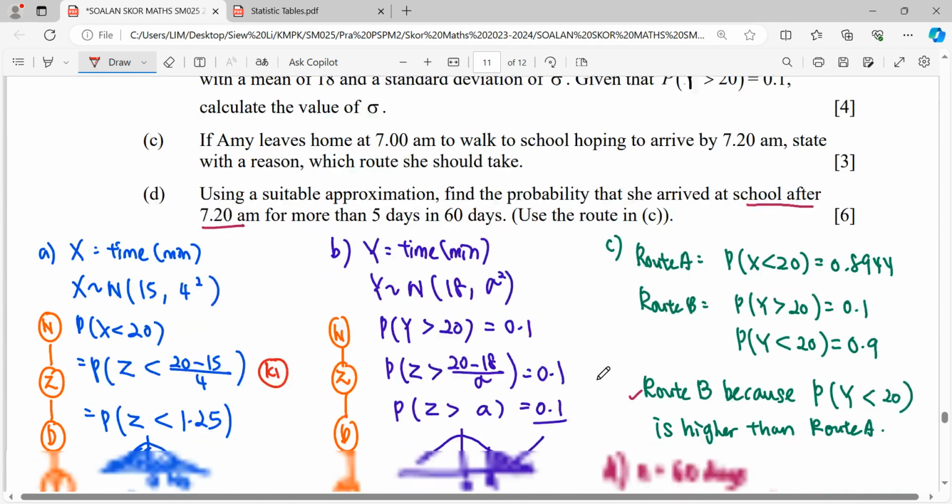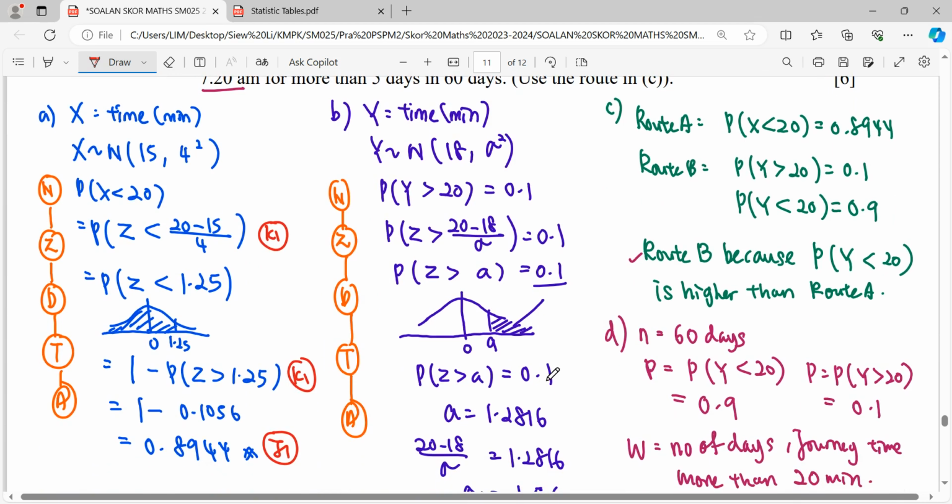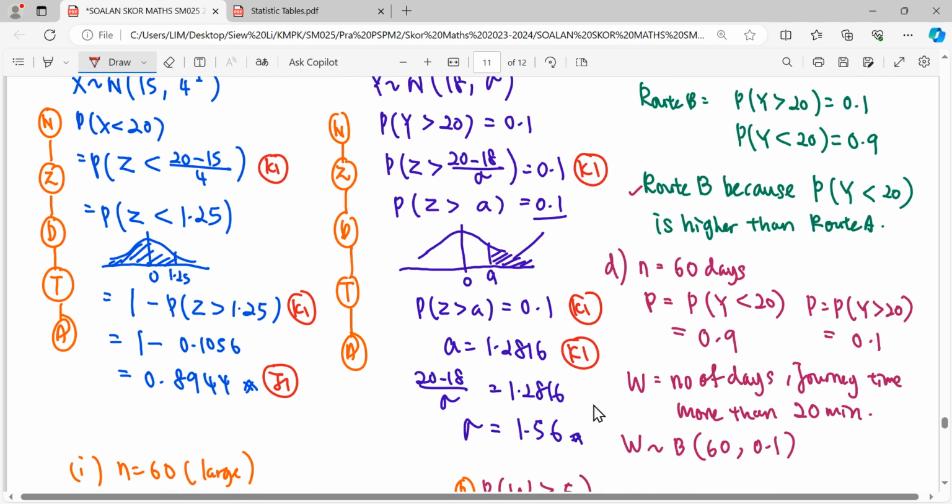For question B, 4 marks. So for this 4 marks, firstly, change to find your standard form and then simplify it so that you can find from the table what your reading is. Then you simplify to get sigma.